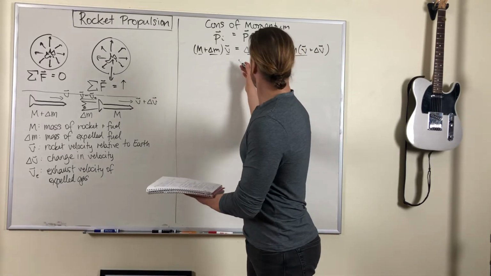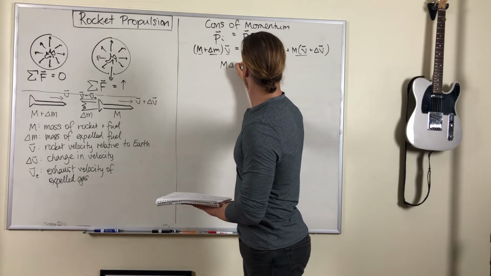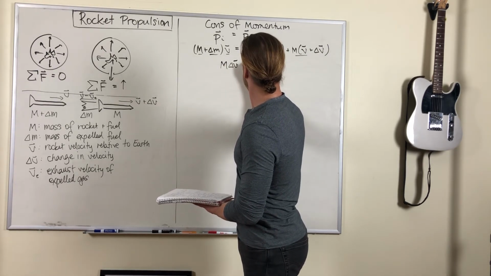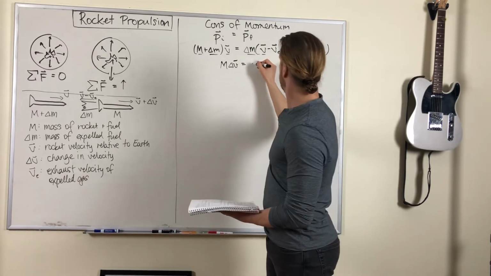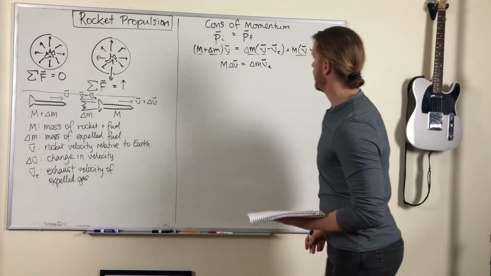So with a little bit of algebra, we get mass times delta V equals mass of the gases times V exhaust.